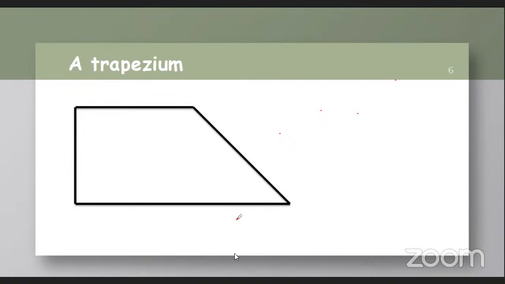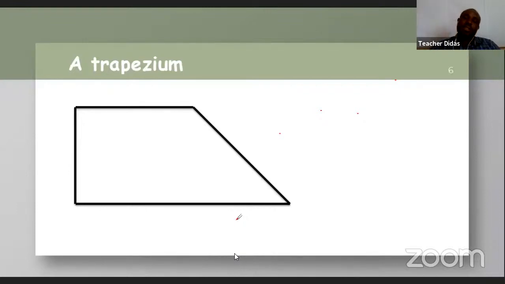The word is trapezium. Yes, hello, it's not trampy. Go and mute yourself. The word is not trampy, it is trapezium, which can be called a trapezoid. But let's go with the trapezium.